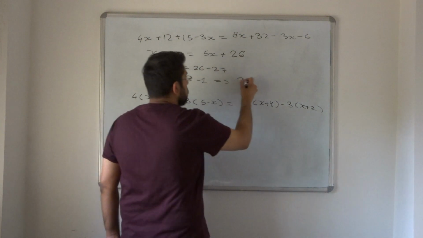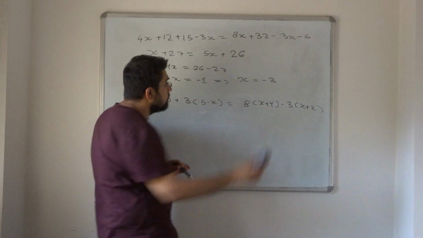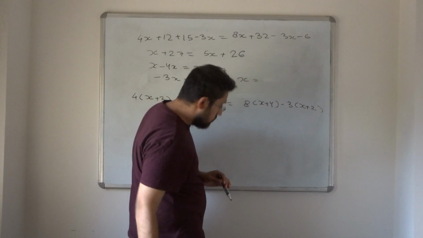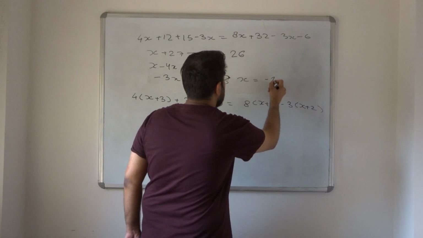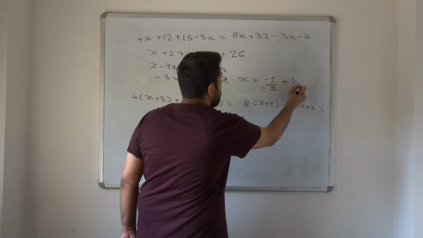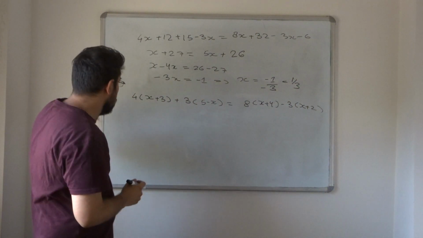Then you divide both sides by negative 3, so you get negative 1 upon negative 3, so you get 1 upon 3. That is the answer to this question.